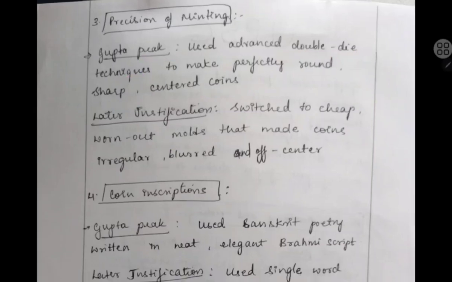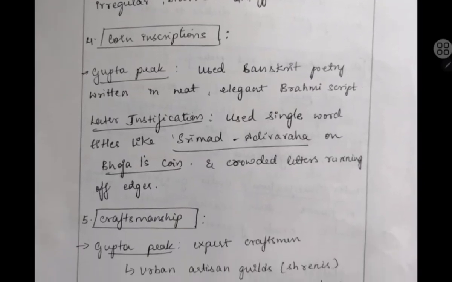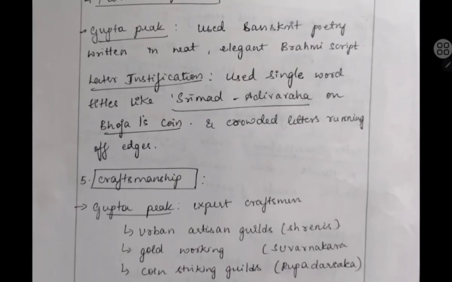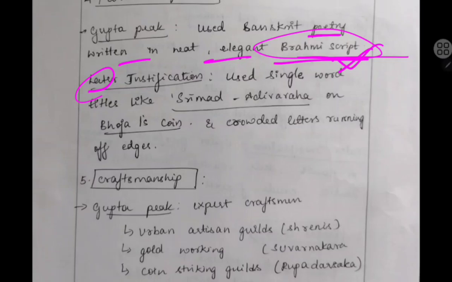Next, coin inscription. I'm saying in the Gupta peak, Sanskrit poetry was written in neat, elegant Brahmi script. In later times, this was not visible. That I am mentioning here by giving the kingdoms' names. Whichever kingdoms came later, they were not able to sustain what the Guptas actually practiced.